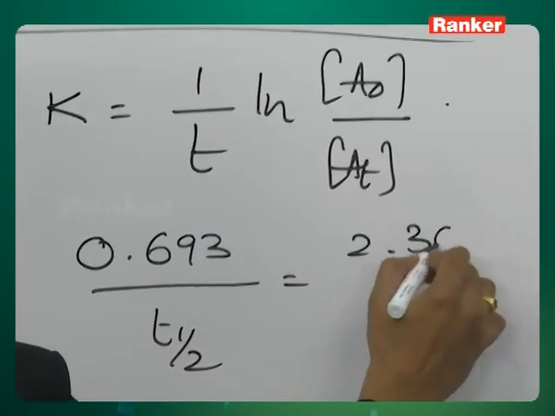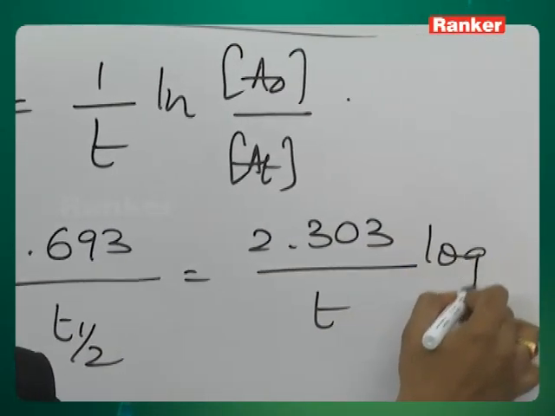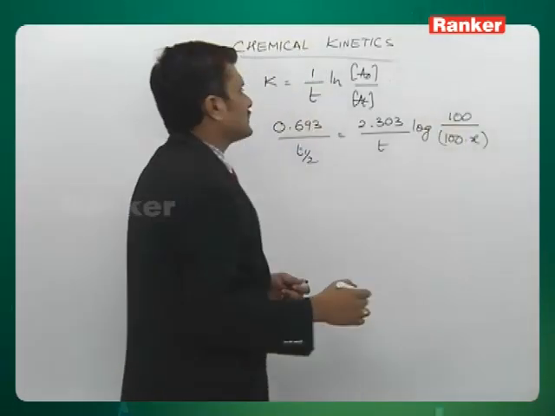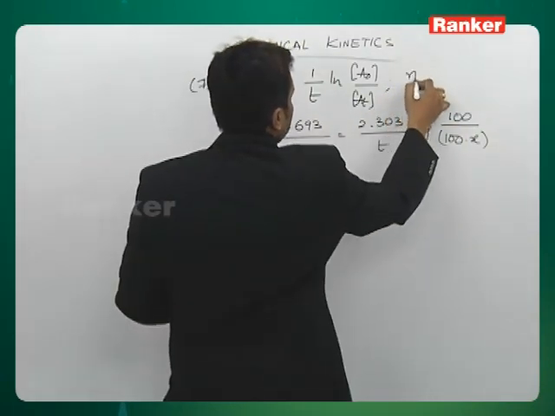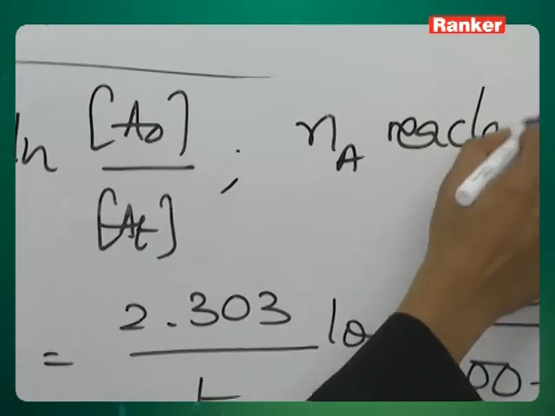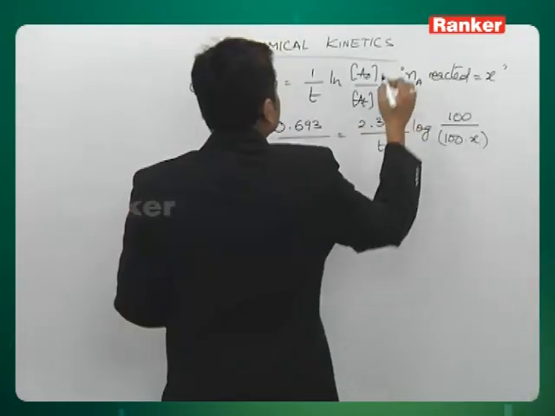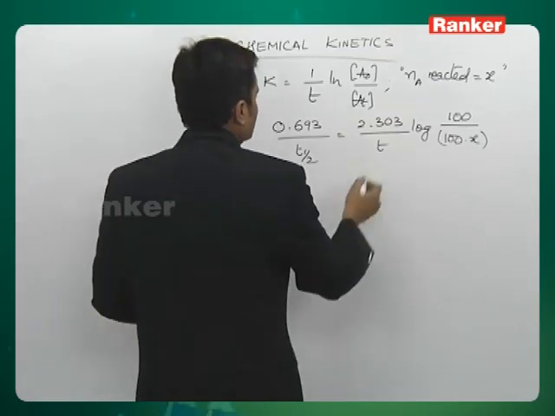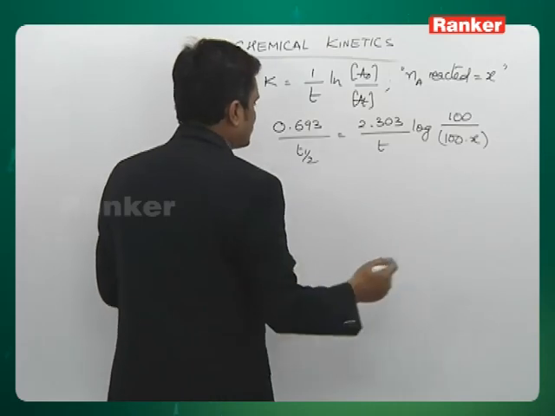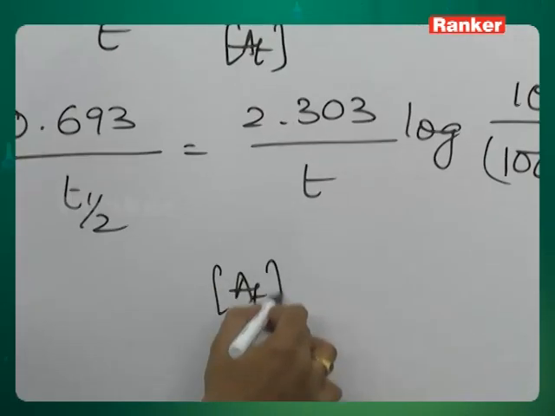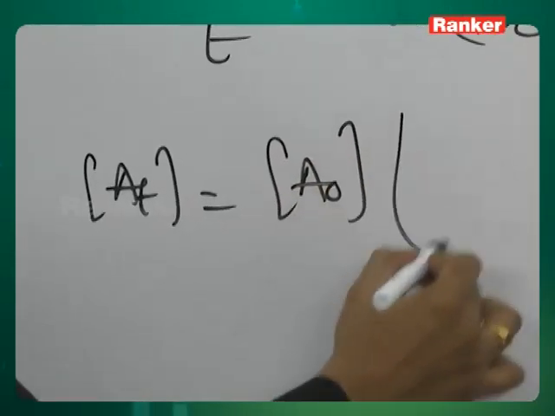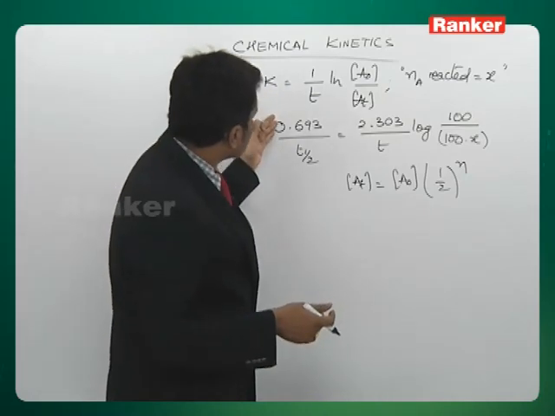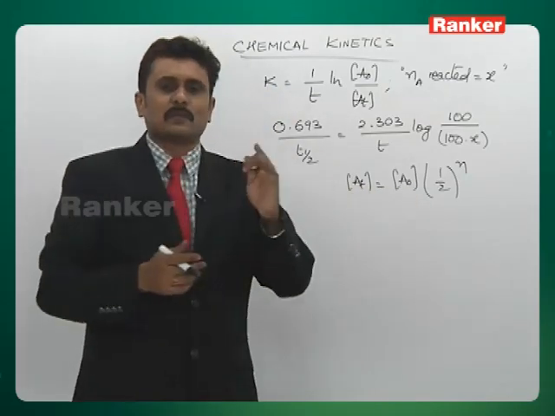I am taking the base 10 and the initial concentration as 100, and the remaining will be 100 minus X, if the number of moles or concentration of A reacted is assumed as X. So the final concentration, as you have seen in the previous case, is equal to the initial concentration into 1 by 2 whole power number of half-lives. Either we can use this relationship or this relationship depending upon the requirement.